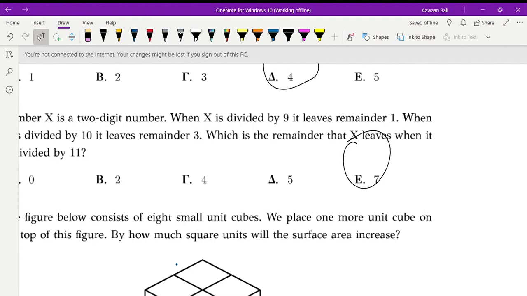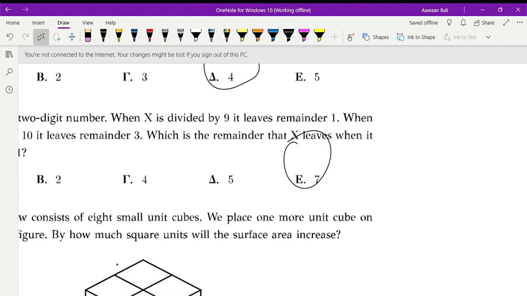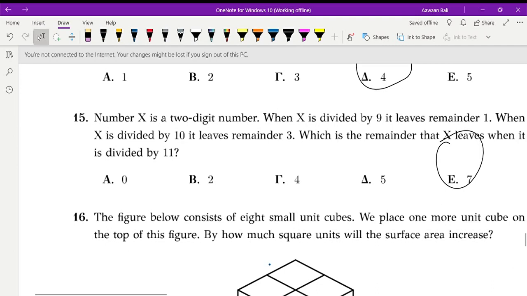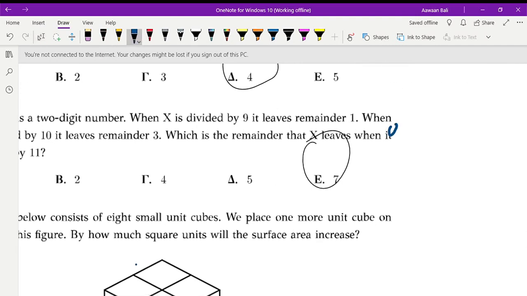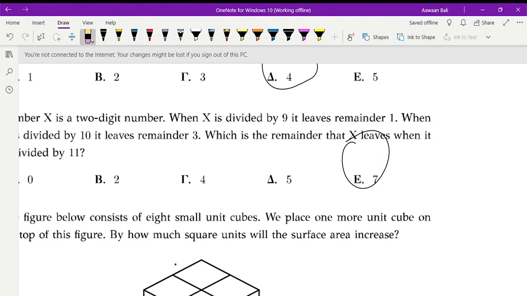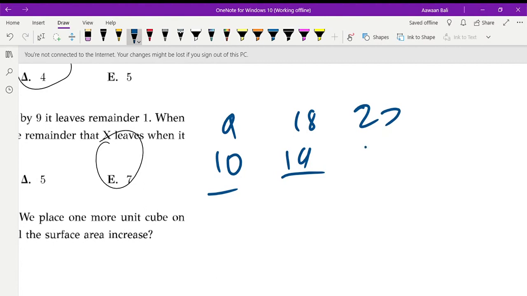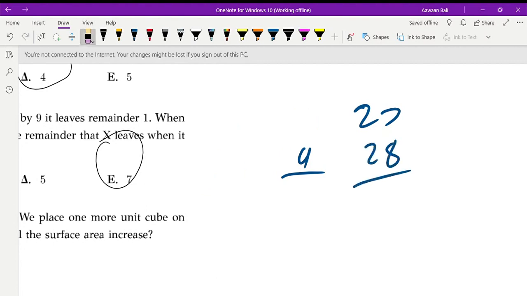So it's 10, 19, and then after that 28. Basically it goes on like that.